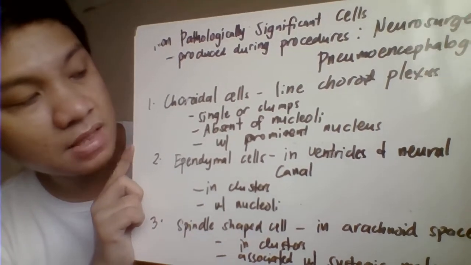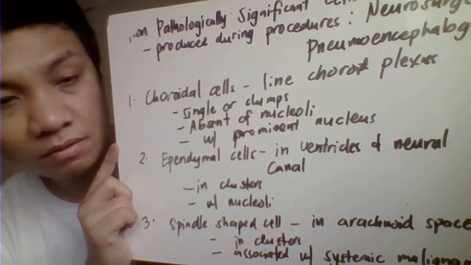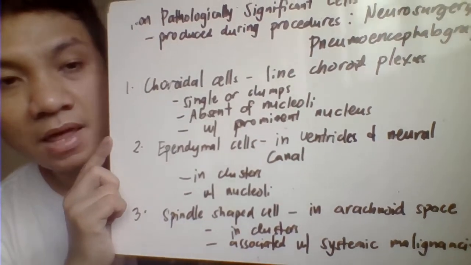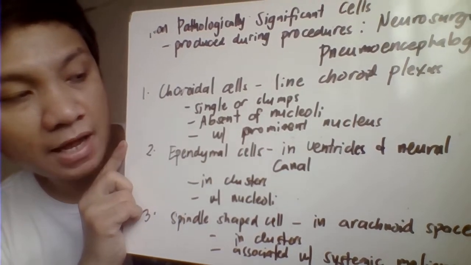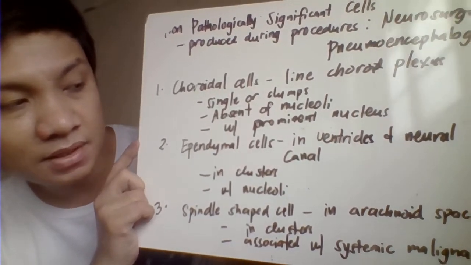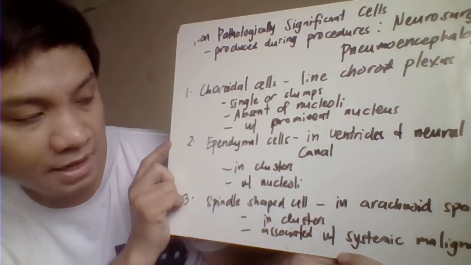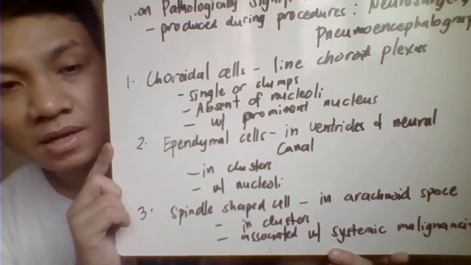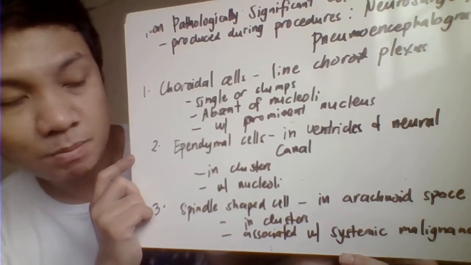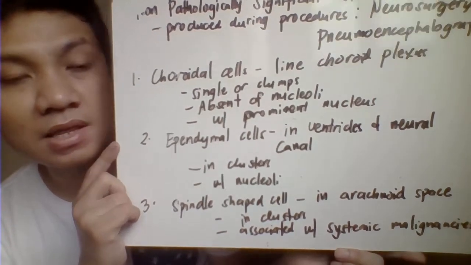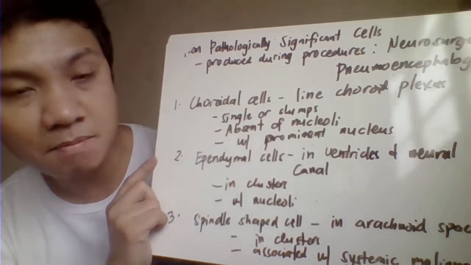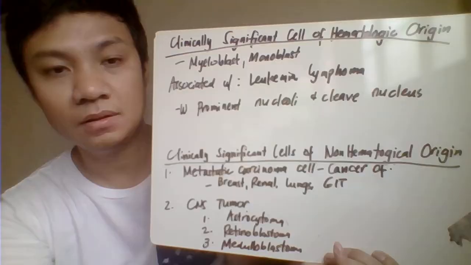First we have the choroidal cells, which line the choroid plexus, in singular clusters with absent nucleoli and a very prominent nucleus. Next, we have the ependymal cells, found in the ventricles and the neural canal, which could be found in clusters. Now you can already see the presence of nucleoli. The third one is the spindle-shaped cells, which are found in the arachnoid space and could be associated with systemic malignancies.